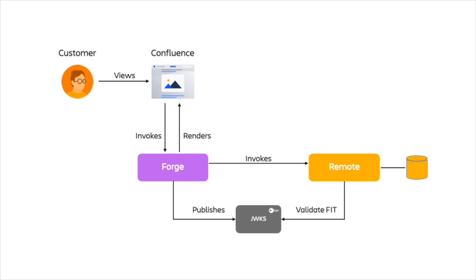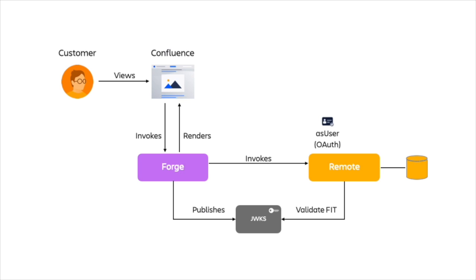And in that authorization header, there's going to be a Forge invocation token. And that's a signed JWT. What you'll need to do is check the signature of that using the public key we have on the JWKS endpoint, or Jukes as Tim calls it. That lets you verify that it's from Atlassian and it's intended for your app.